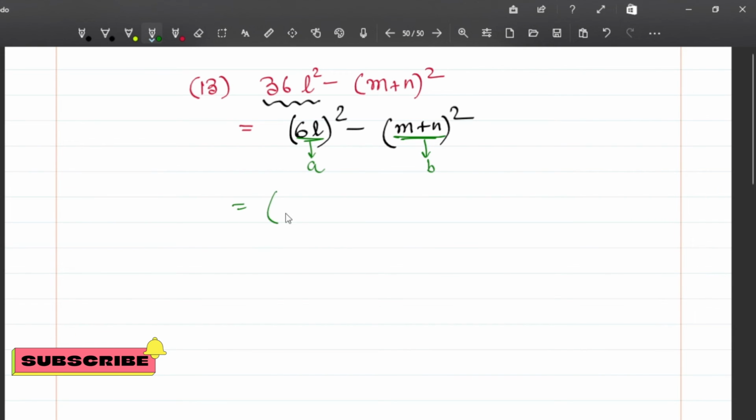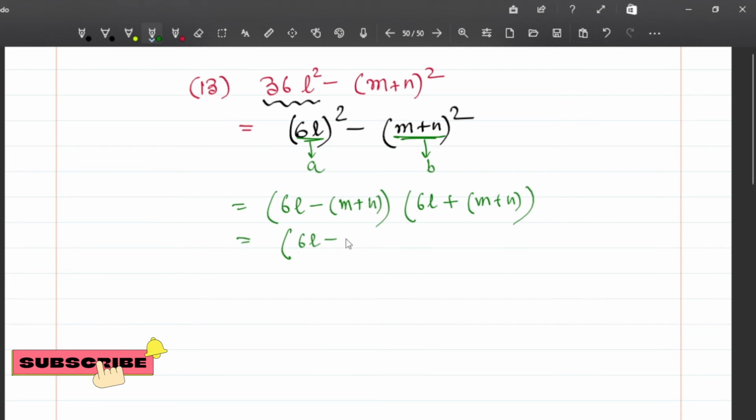So expand: 6l minus m plus n multiplied 6l plus m plus n. Now open up the bracket: 6l minus m minus n and 6l plus m plus n. These two are the factors.